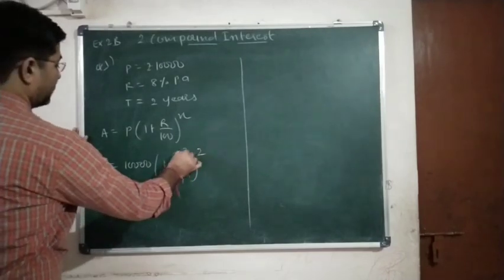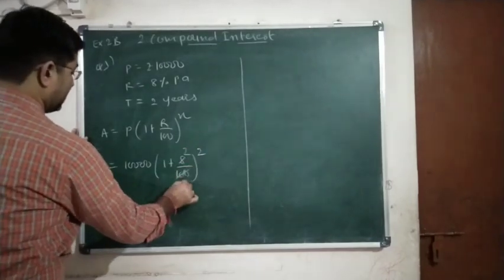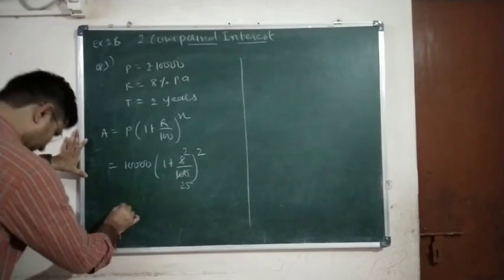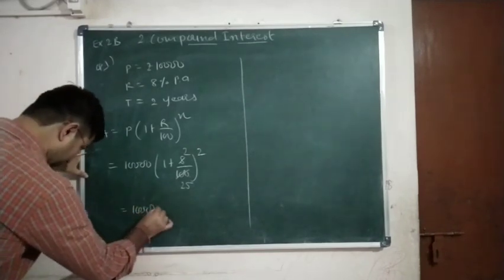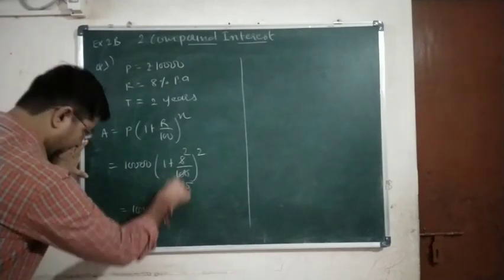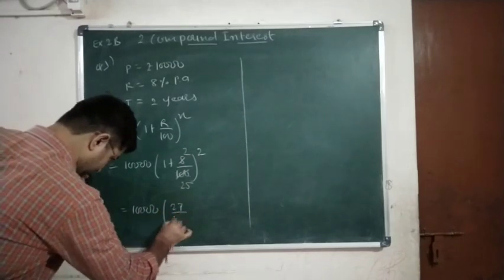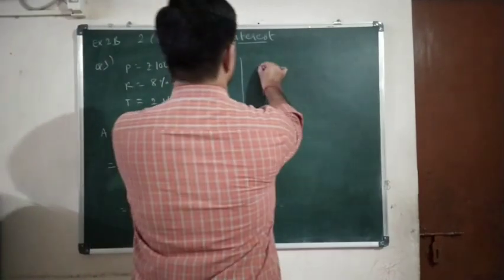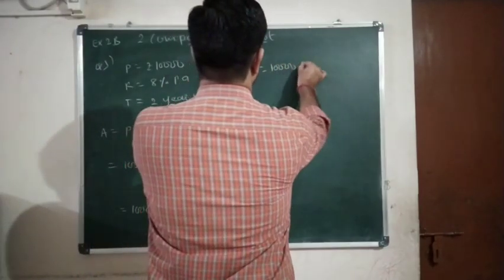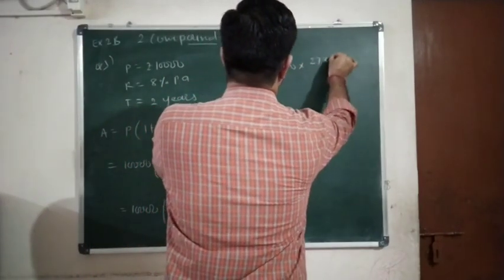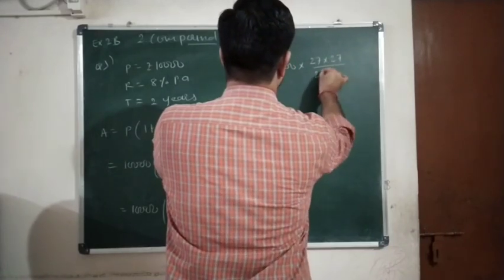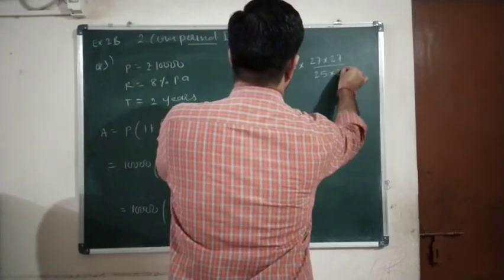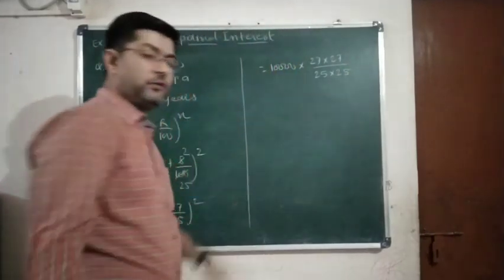By 4 we can reduce: 4 2s are 8 and 4 25s are 100. So 10,000 into (25 plus 2, that is 27, upon 25) the whole squared is equal to 10,000 into 27 into 27 upon 25 into 25.